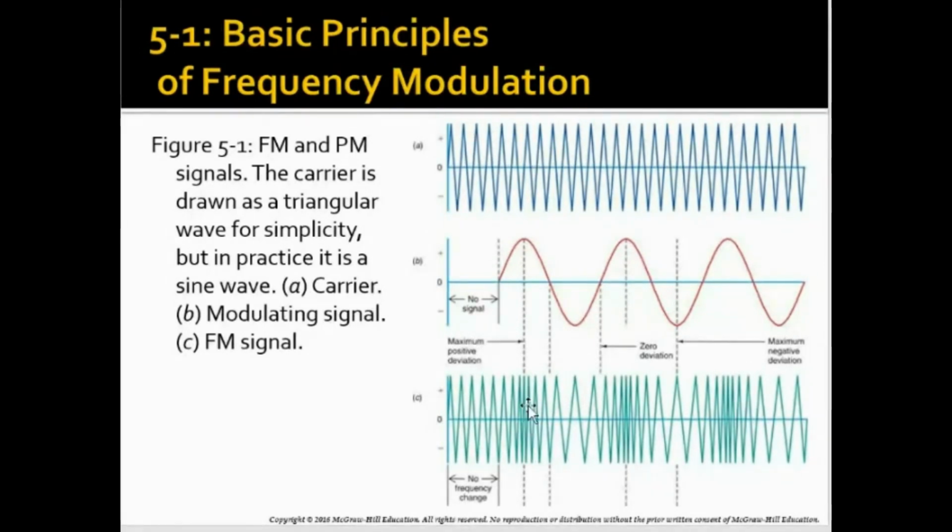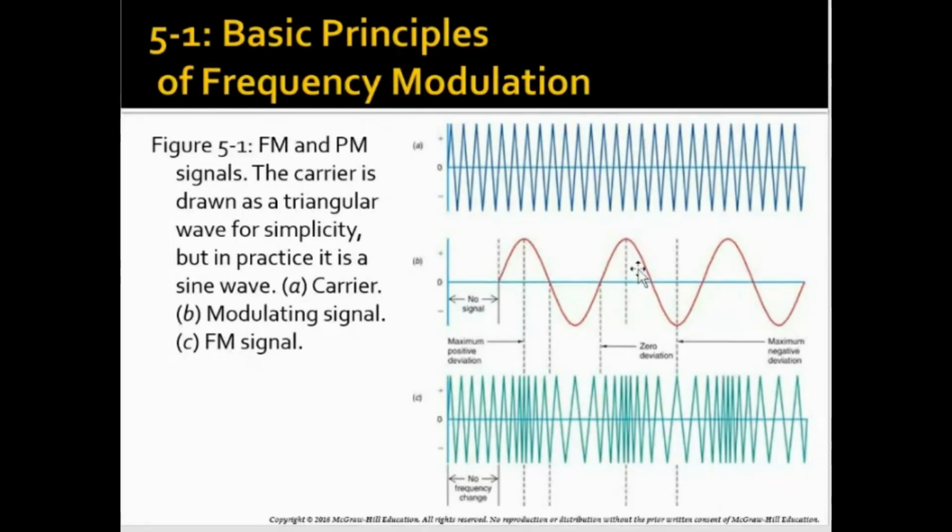Then the sine wave amplitude is decreasing, going to the negative side. We can see the density of the wave is reduced, and this shows the frequency of your modulated signal is lower.